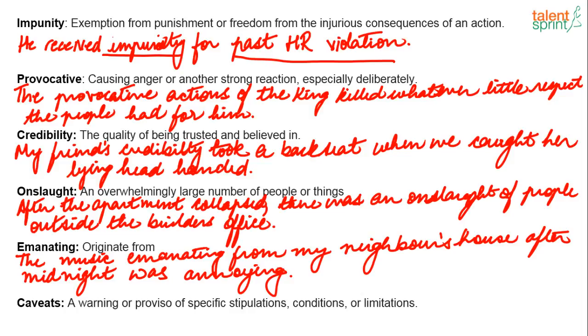Okay, let's look at the next. A warning or proviso of specific stipulations, conditions or limitations basically means when you warn someone about the conditions and the limitations that something has. So let's try and find a sentence. Okay, I think I have got a sentence.